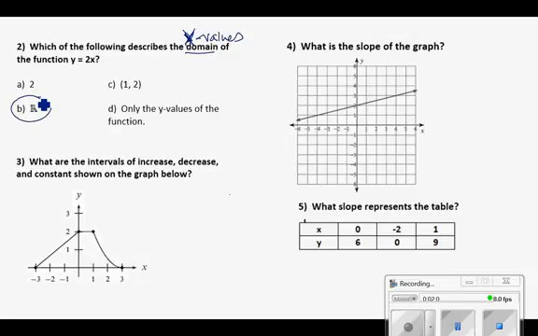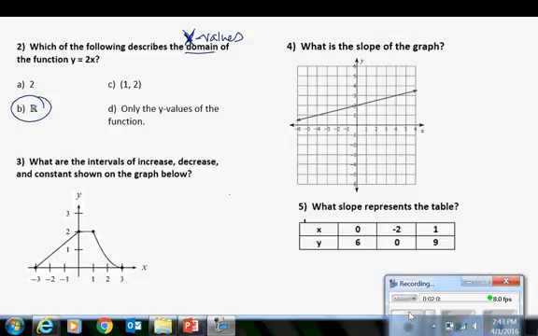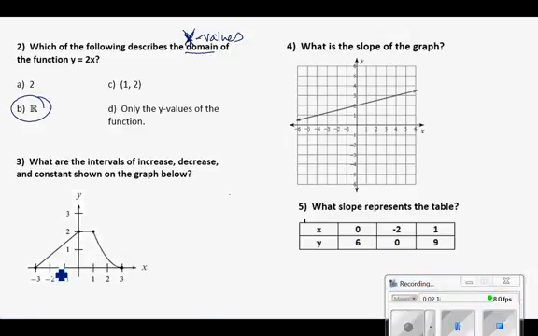Number 3. What are the intervals of increase, decrease, and constant shown on the graph below? If we're showing intervals of increase and decrease, we are only using the x values. Only the x values. So those are right here. So increase, decrease, and constant.